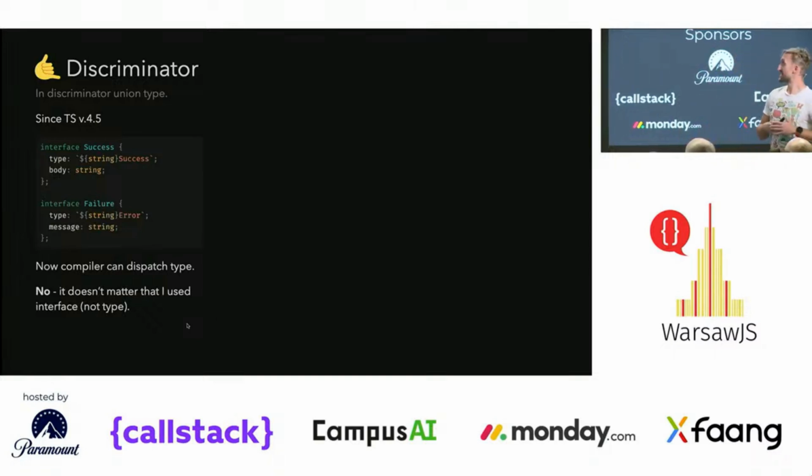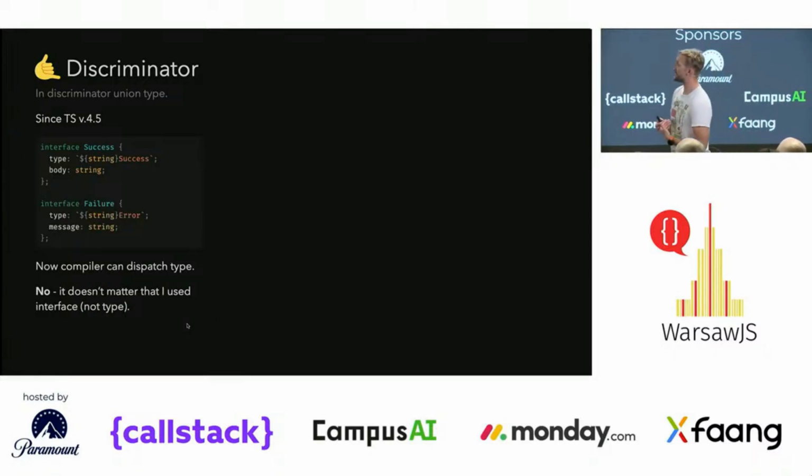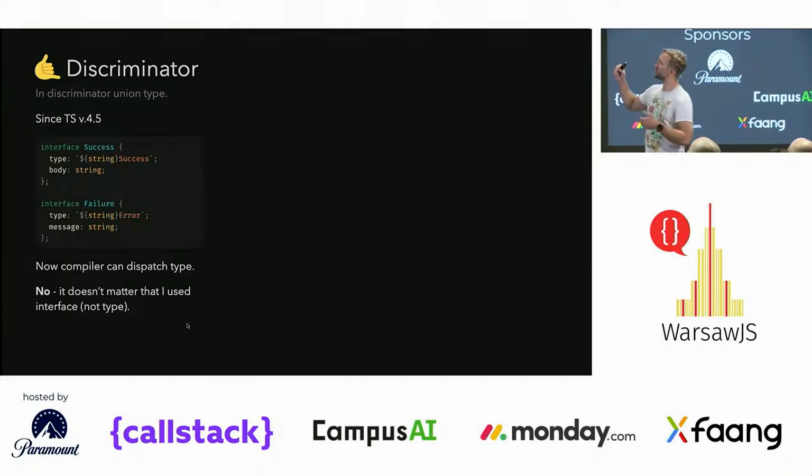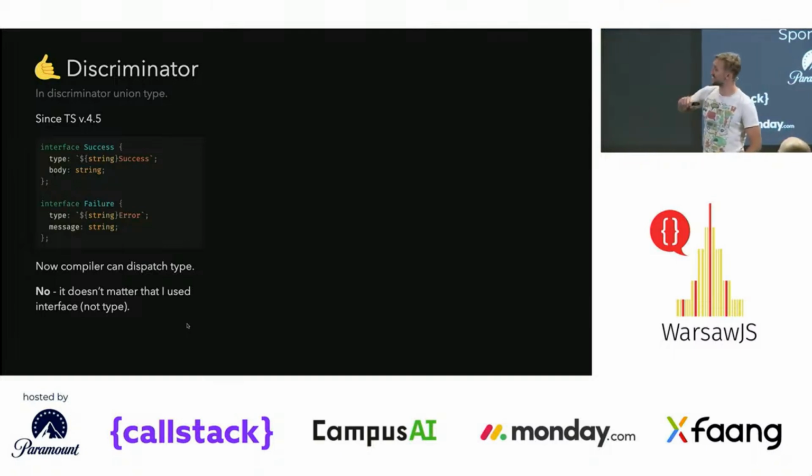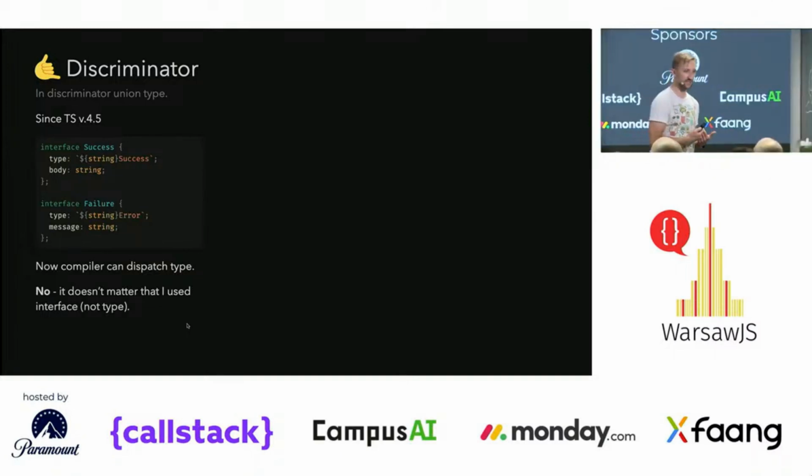Anything else? I guess that you know the discriminated union types. So the pattern where you have the one field which is unique per type. Like here, I have a success and a failure, and they both have the unique field called type, which is the discriminator.